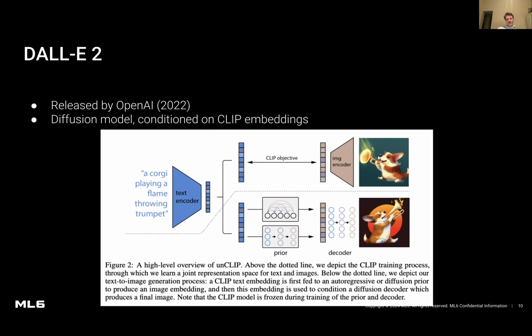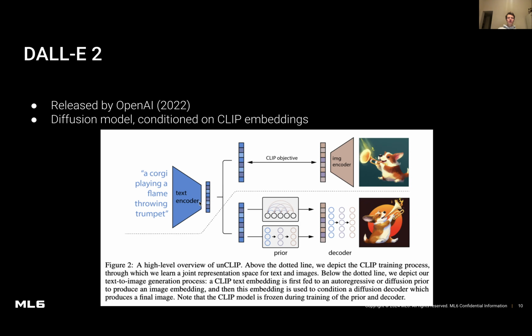That's a shameless plug. And then after DALL-E, OpenAI released DALL-E 2 in 2022. And this was diffusion based, where it was using the Clip model for conditioning the model on text. So if you then, for example, specified the text prompt a corgi playing a flame-throwing trumpet, then you would first encode that text using the text encoder of Clip to obtain an embedding, a text vector representation.